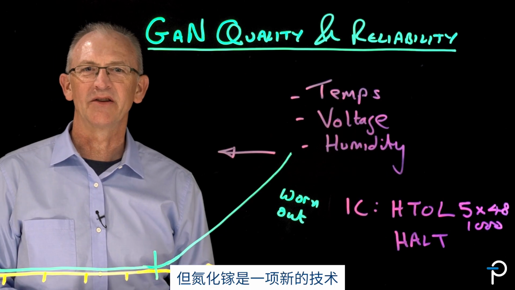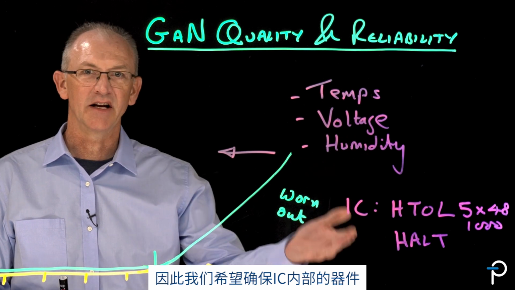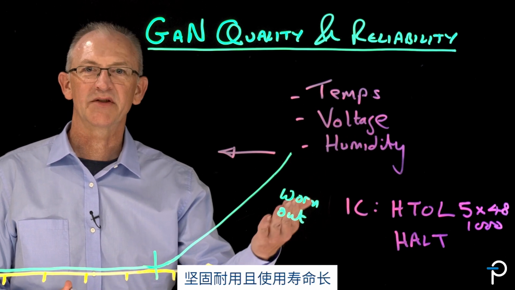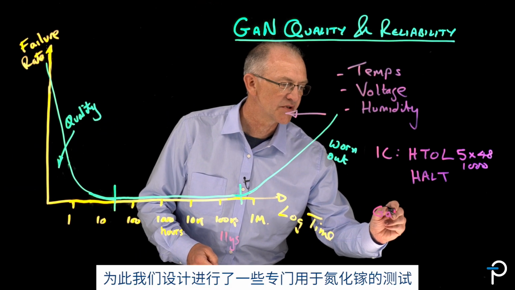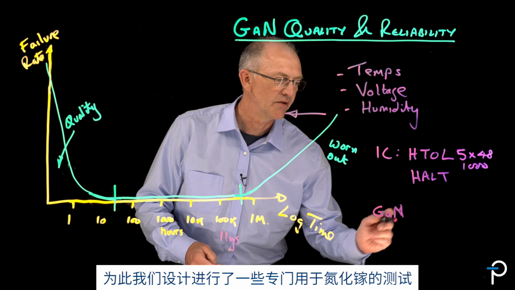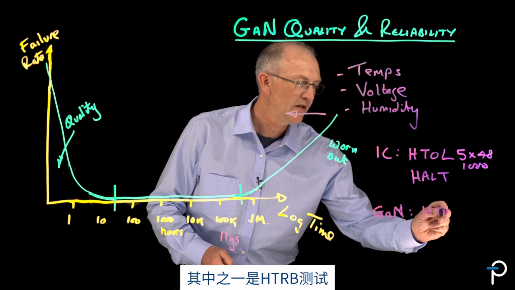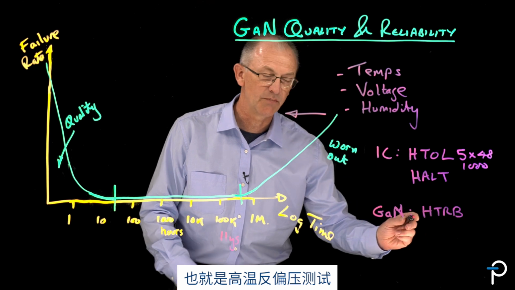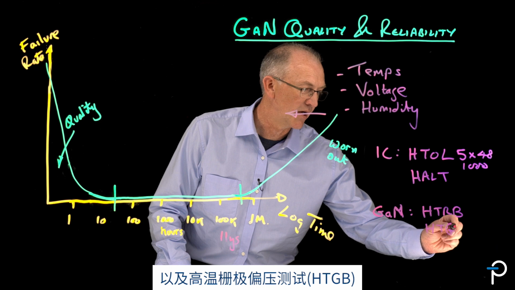But GaN is a new technology, and so we want to be doubly sure that the device inside the IC is robust and long-lived. So we do tests specifically designed for the GaN. One of those is HTRB, high temperature reverse bias test, and high temperature gate bias test.